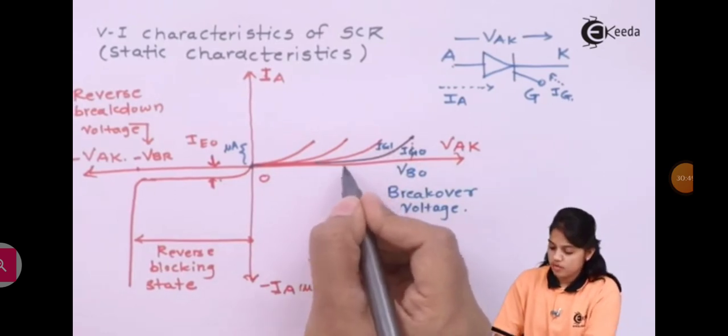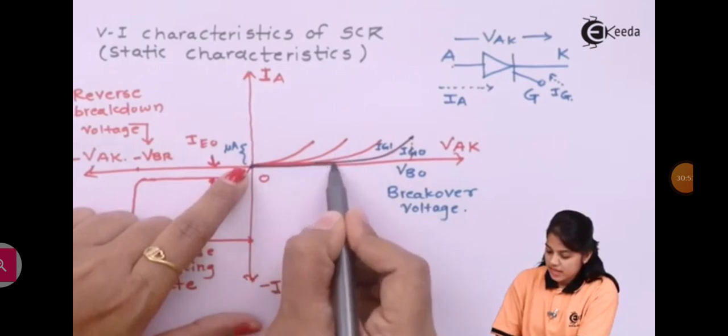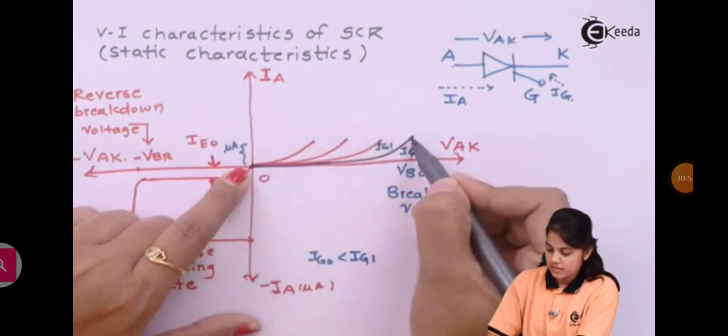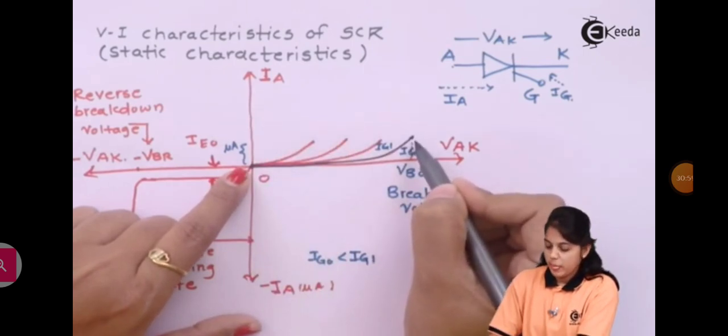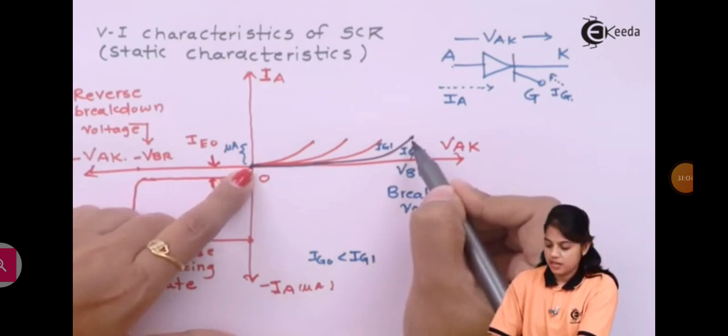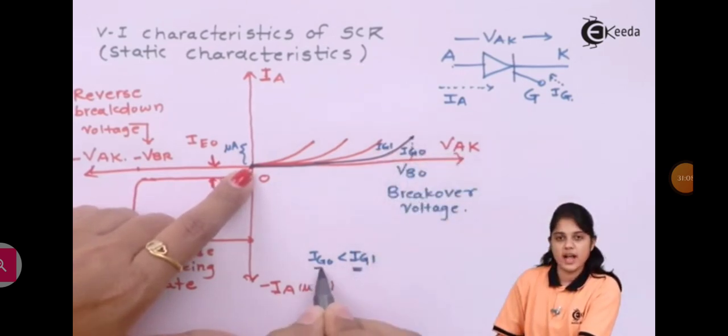If you observe clearly here, look at this first graph. As I go on increasing the voltage, my current is also increasing, but only a small amount of current can flow, and that is the forward leakage current. Now I have provided Ig1, that is Ig1 is greater than Ig0.